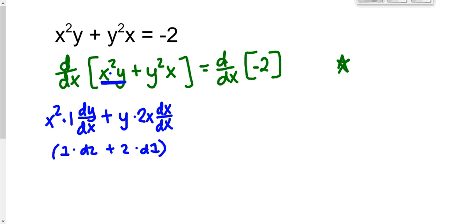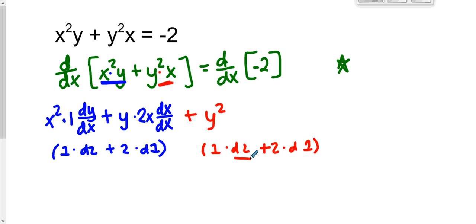Then we have a second part. We're not done. We just did the product rule with the first one. So we have plus, we need to take the derivative of this. Again, it is a product, so we're going to use our product rule again: first times d second plus second times d first. I write the first, y squared. I did not take the derivative, no dy/dx.